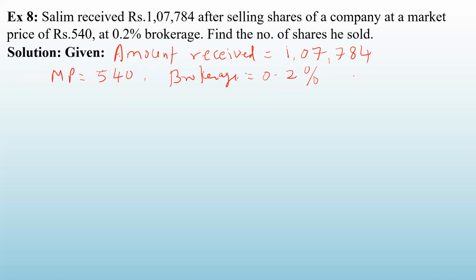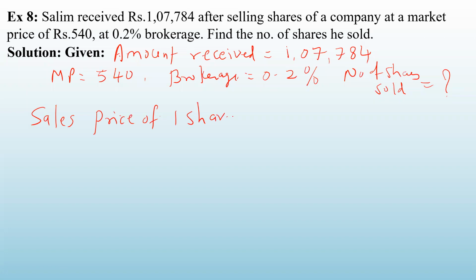What you have to find out? Number of shares sold. To find out the number of shares sold, what you must know? You must know the selling price of one share. Unless you know the selling price, how will you find out the number of shares sold? So first of all, we have to find out the selling price of one share.